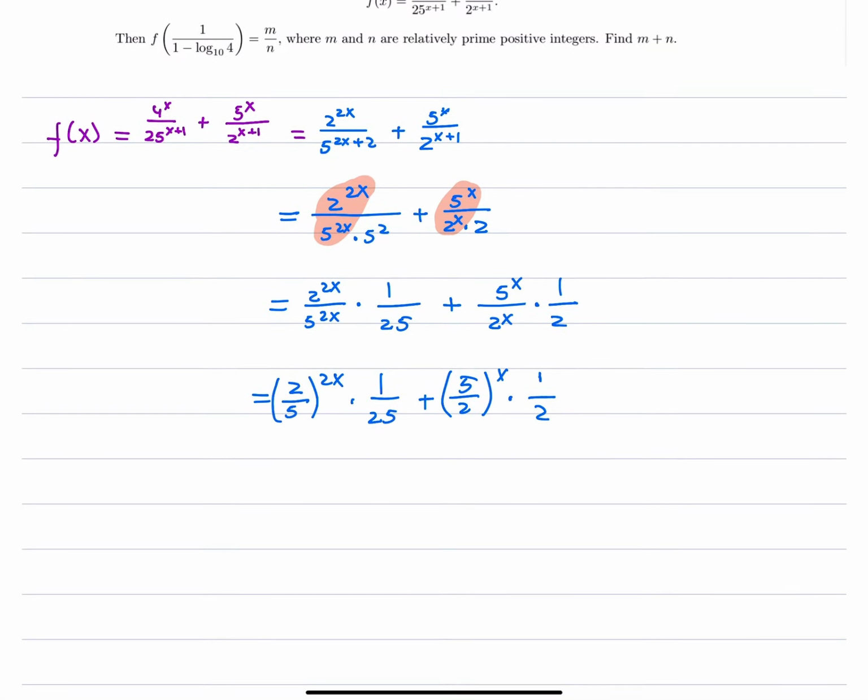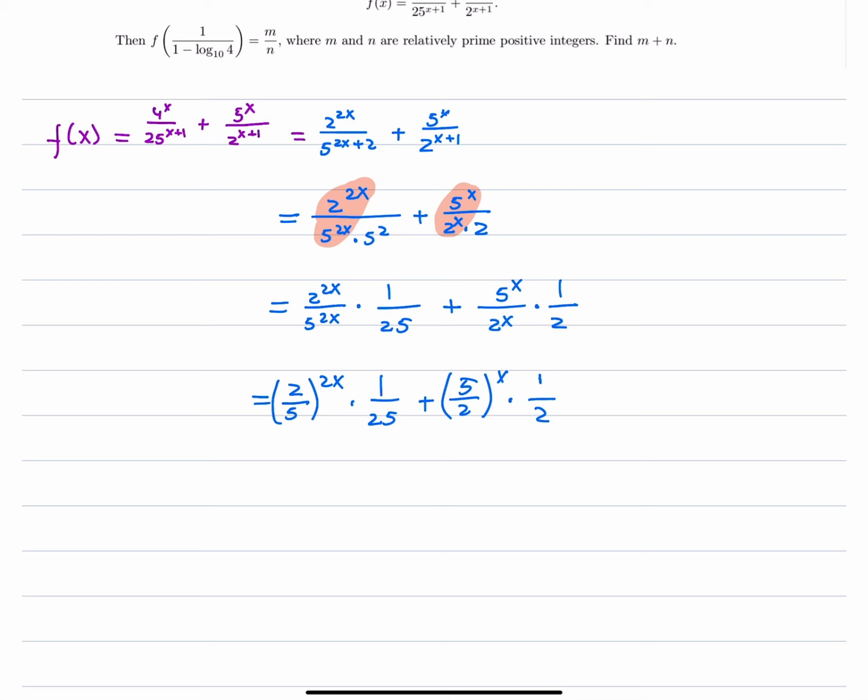Then on the top, it's given f of 1 over 1 take away log base 10 of 4. So obviously this one is x, so I can write x equals 1 over 1 take away log base 10 of 4.